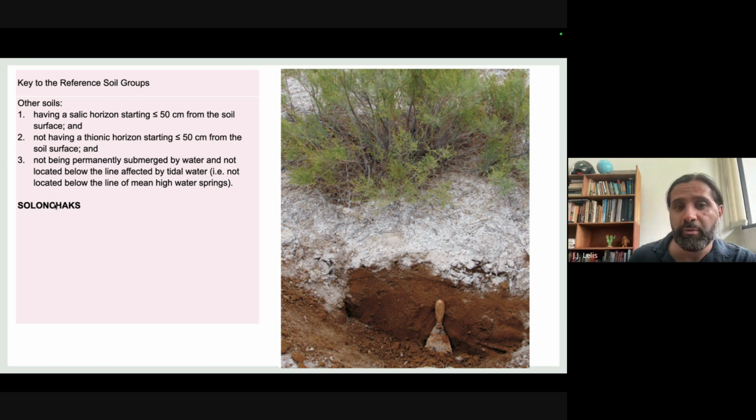Okay, they should be emerged. They should be well drained soils, or at least not permanently flooded.